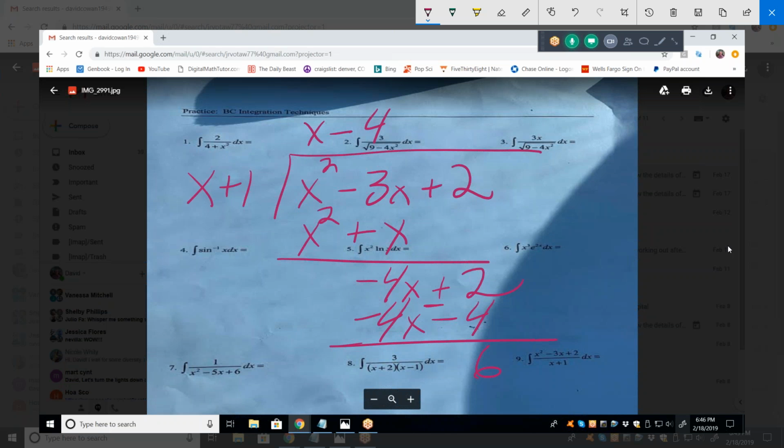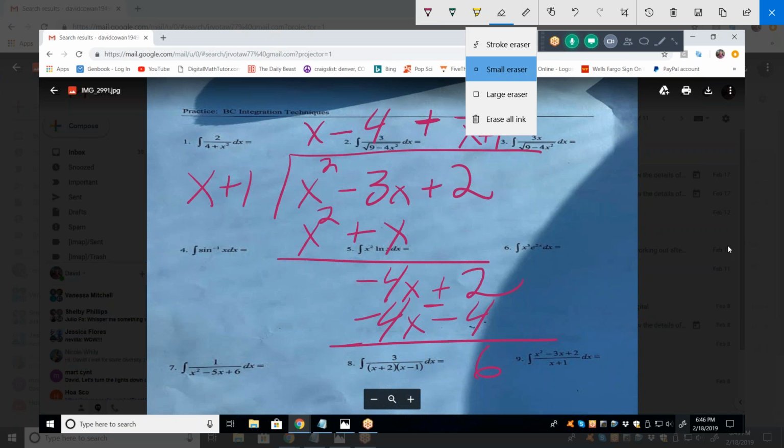Now, the way you write a remainder is you can put a little r there, but the way you write it mathematically is I'm adding 6 divided by x plus 1. Got it? Okay, now the rest of it's easy.